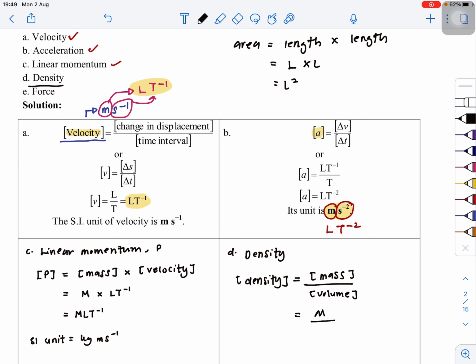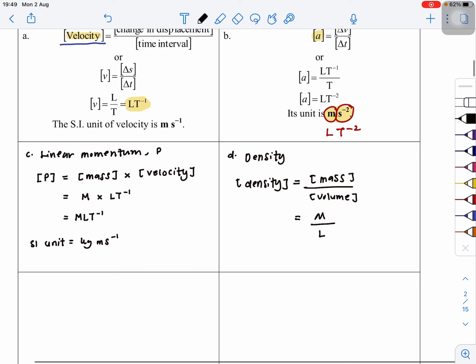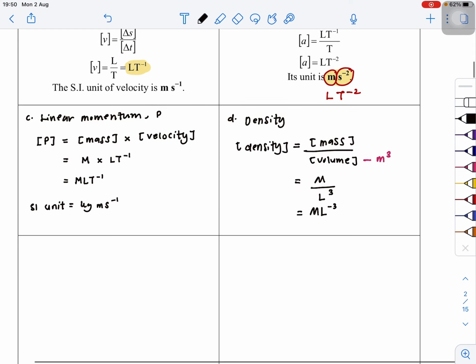So we know that the SI unit for volume adalah meter cube. So dimension dia adalah length cube. So it is equal to M L to the power of negative 3. So SI unit is kg per meter cube.